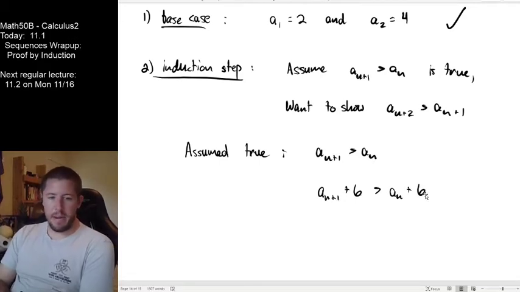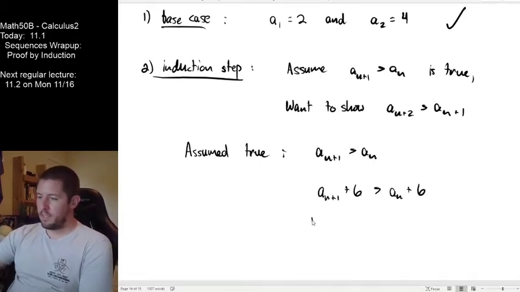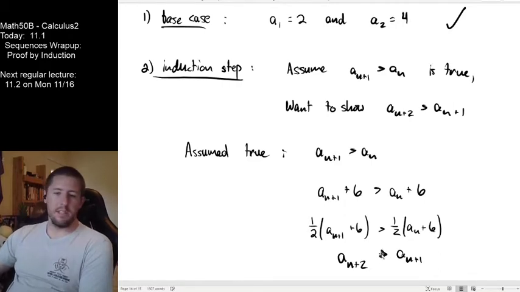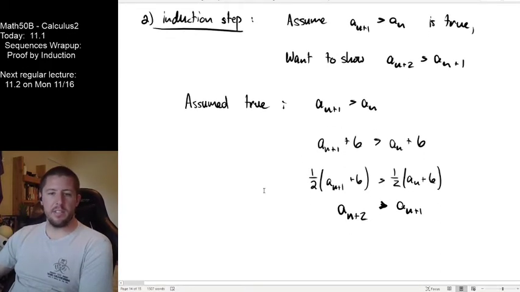It's legal for me to add 6 to both sides of this statement. It's certainly algebraically acceptable for me to take 1/2 of each side. And what do you know? The statement on the left is exactly the statement for a sub n plus 2, and the statement on the right is exactly the statement for a sub n plus 1. So not too terribly difficult in this case.